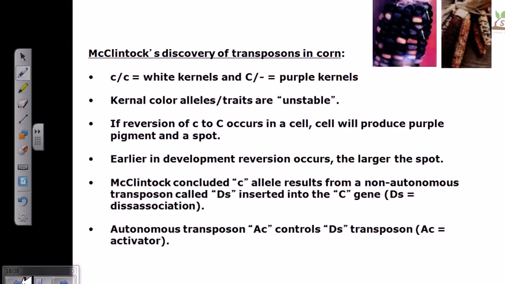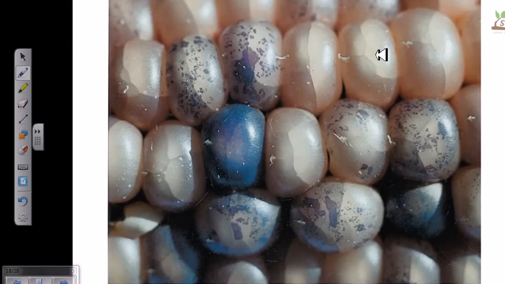Now you can justify all the pictures with what we have seen. You can see there are a lot of white kernels, and there are many kernels which are filled with different spots of purple color. Some of them have pretty few spots, some have pretty bright purple spots. Why is it happening? Due to the leaving of the DS element from the C region, and as a result of this movement and several rounds of cell division, the color is coming back.